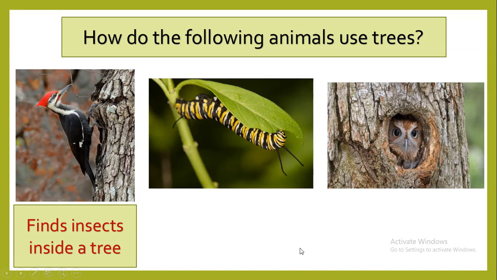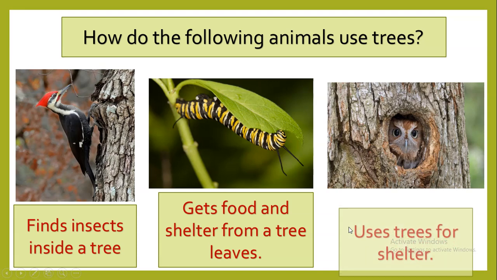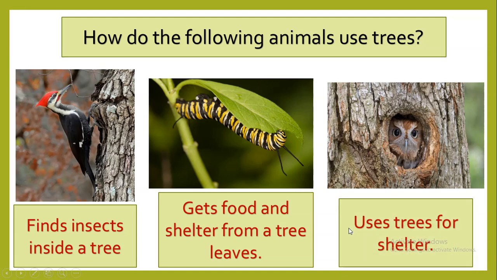What about this caterpillar? A caterpillar gets food and shelter from a tree's leaves. What about this owl? Look at it. How does this owl use this tree? It uses this tree for shelter.